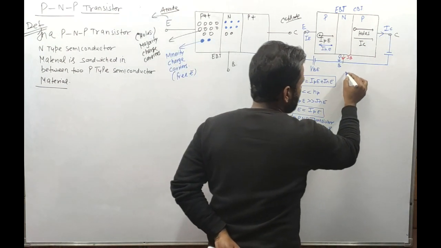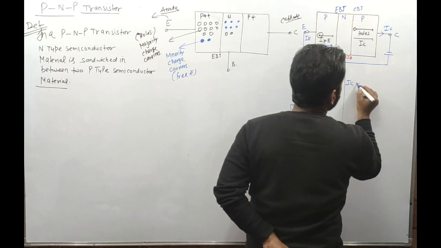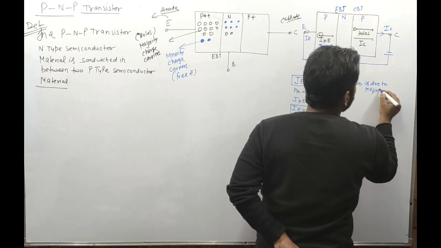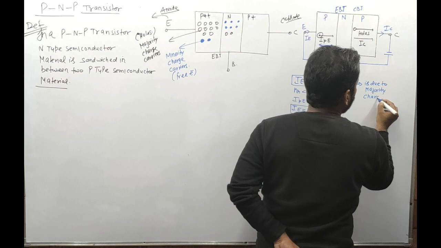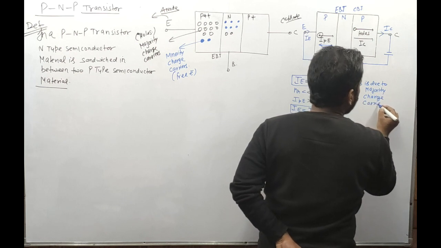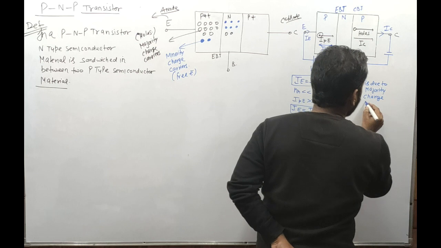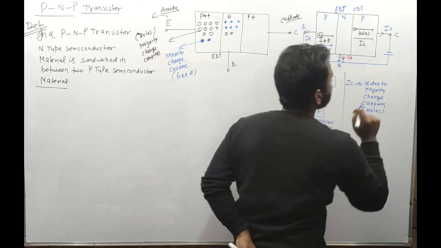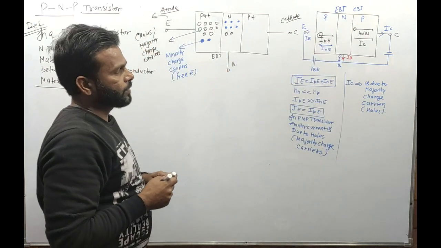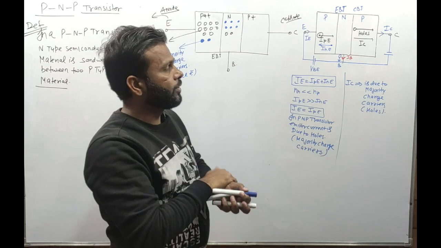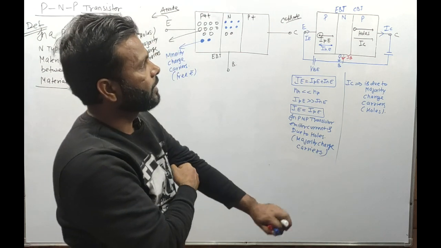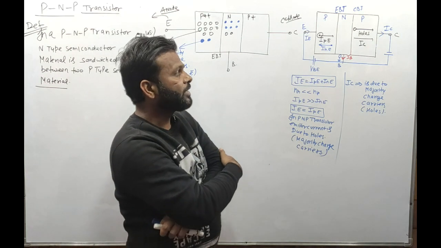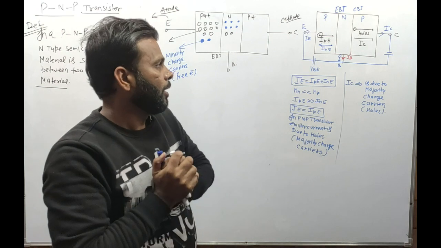Now if you see, the collector current IC is due to majority charge carriers. Now what are the majority charge carriers? Holes. Is it okay with you? Now since the collector base junction is reverse biased, there will be a reverse saturation current due to the minority charge carriers, which are generated by thermal agitation.